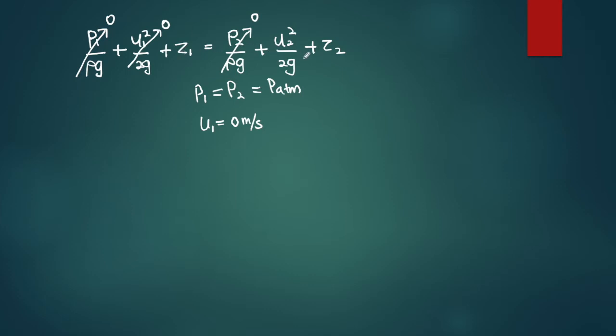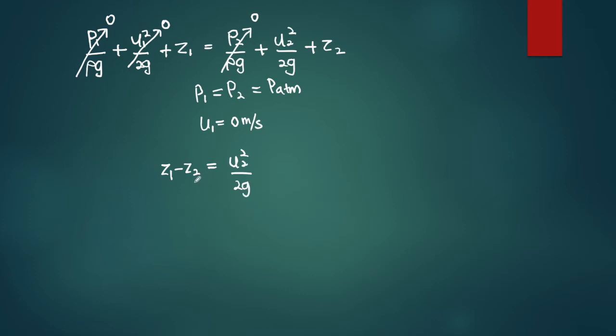So what about Z1 and Z2? Z1 and Z2 are the elevations of point number 1 and point number 2. Now, we rearrange this equation, so we get Z1 minus Z2 equal to U2 square over 2g.